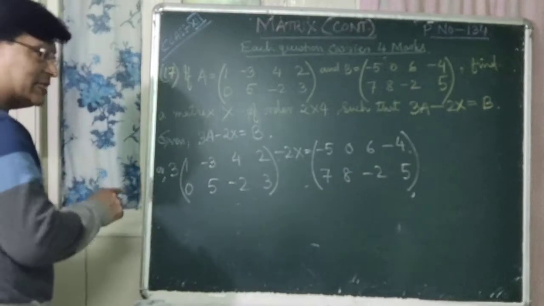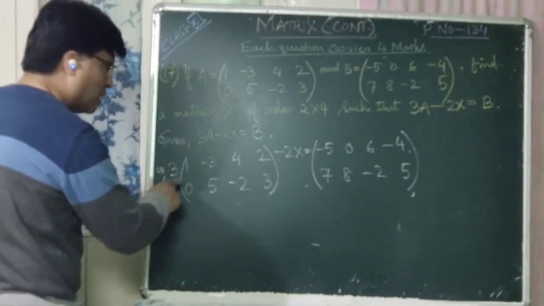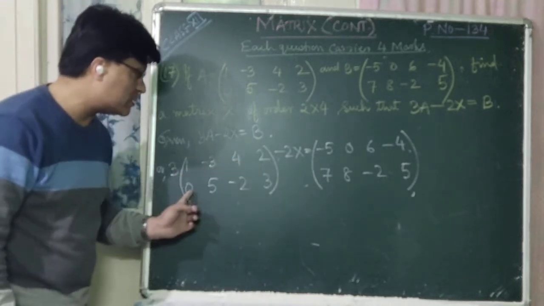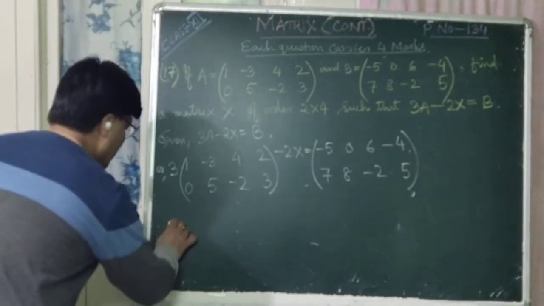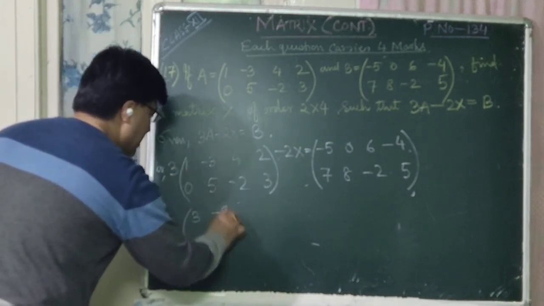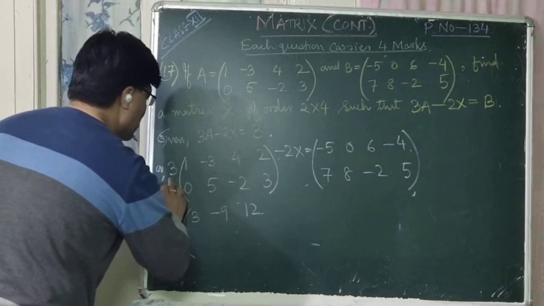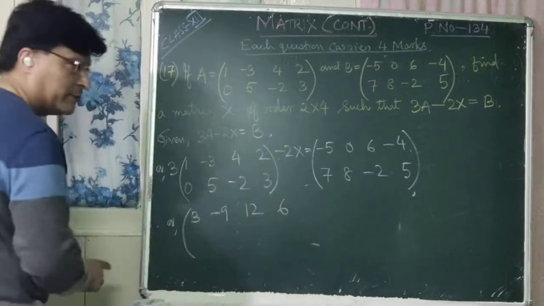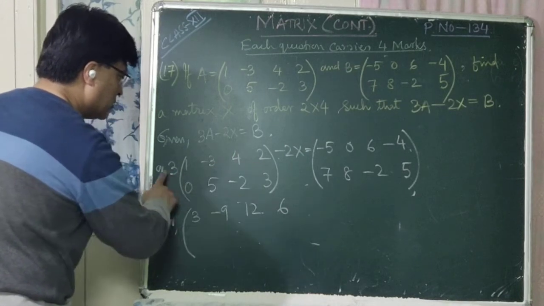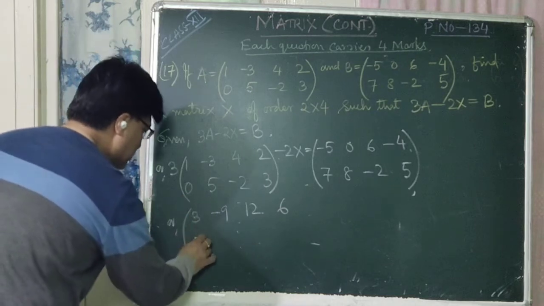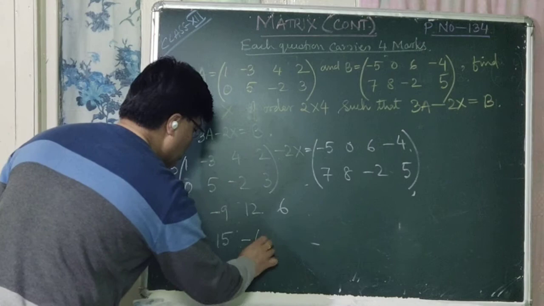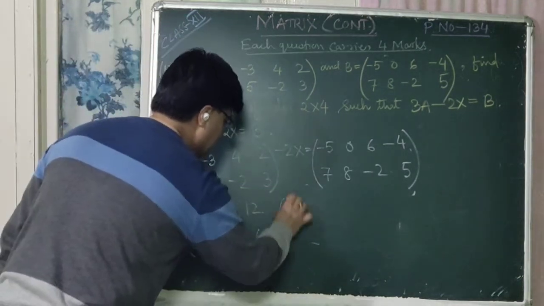So now in this case you can multiply all these elements by 3, because 3 is the scalar multiplication of this matrix. Multiply by 3: 3 1s are 3, 3 into minus 3 is minus 9, 3 4s are 12, 3 2s are 6, 3 zeros are 0, 3 5s are 15, 3 into minus 2 is minus 6, 3 3s are 9.